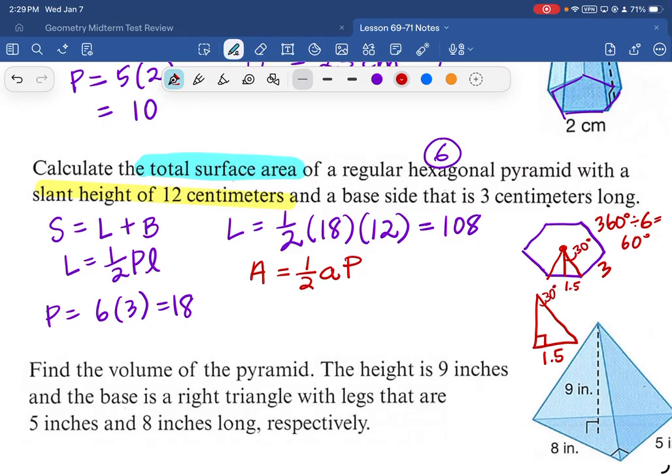All right. This is a 30, 60, 90, and I have the short leg. And I need this side right here. That's my apothem, my A. Anybody remember how to find the long leg when you have the short leg?